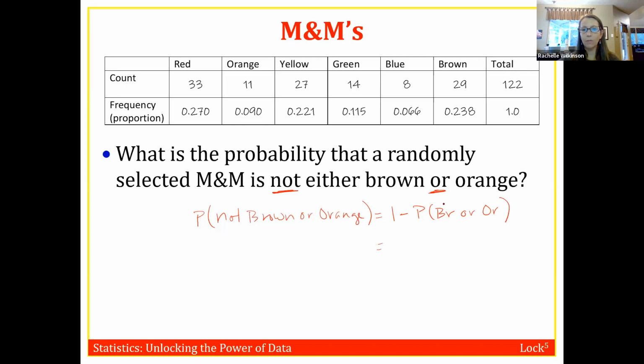All right, and then if I want to figure out the probability of brown or orange, I'm going to use the additive rule. So I'll have 1 minus, and then the probability of brown plus the probability of orange. Okay, I'm going to do all that math before I subtract it from 1. So I'll end up having 1 minus, well, brown was 0.238. And orange is 0.090.